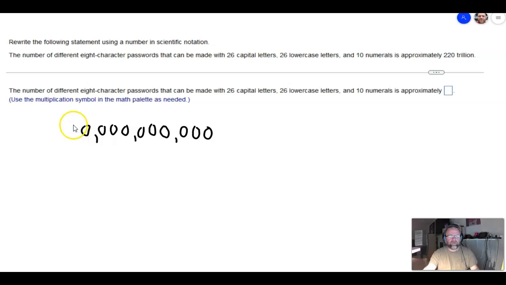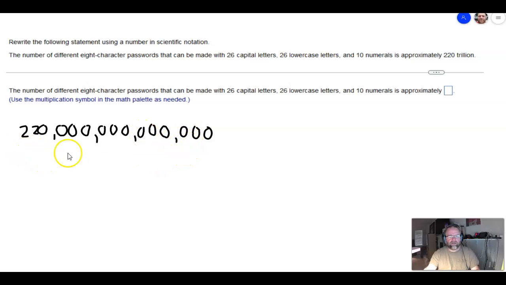So another 3 zeros here, and that's going to put us in trillions, and it's 220 trillion, because these are billions, millions, hundred thousands, and hundreds.